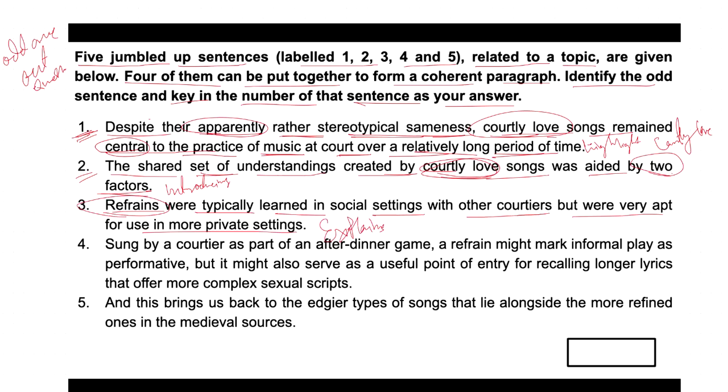Sentence 4 stated, sung by a courtier as part of an after dinner game, a refrain might mark informal play as performative, but it might also serve as a useful point of entry for recalling longer lyrics that offer more complex sexual scripts.